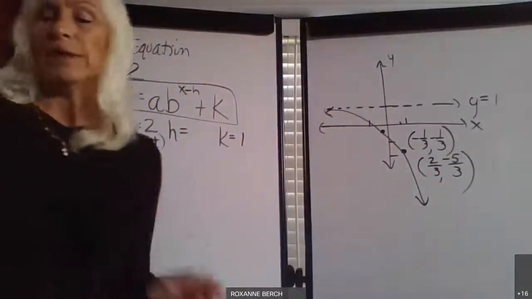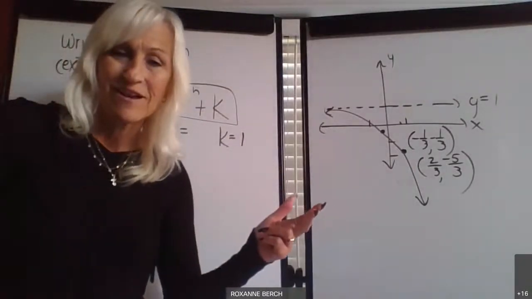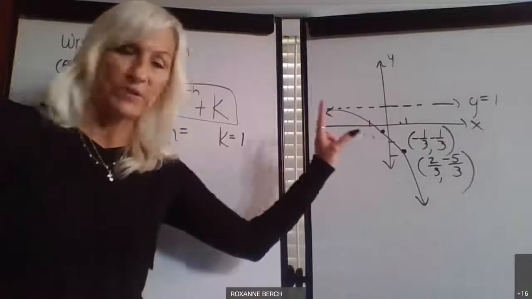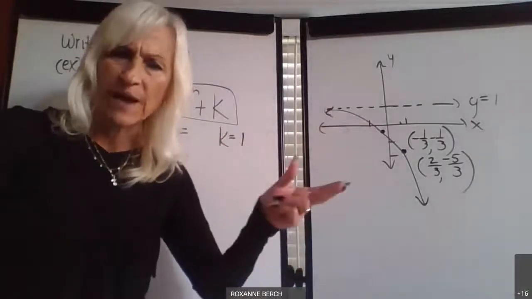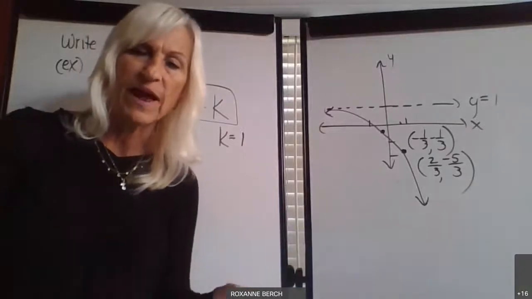So listen carefully. There are numerous equations that you could write that would represent this graph. It's just a manipulation of numbers. So I'm just going to show you an easy way to do this, okay?